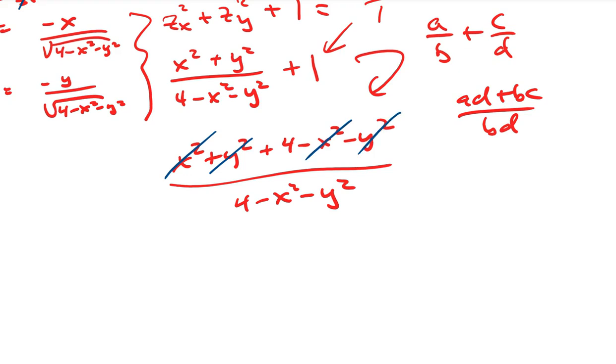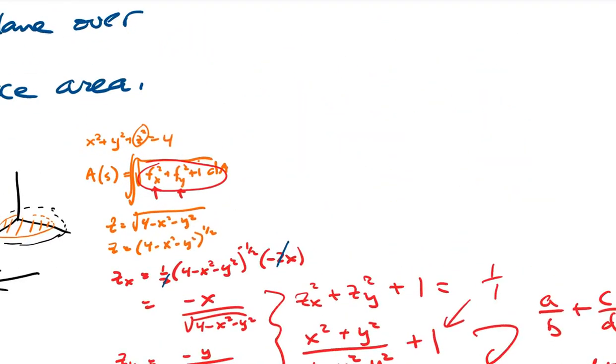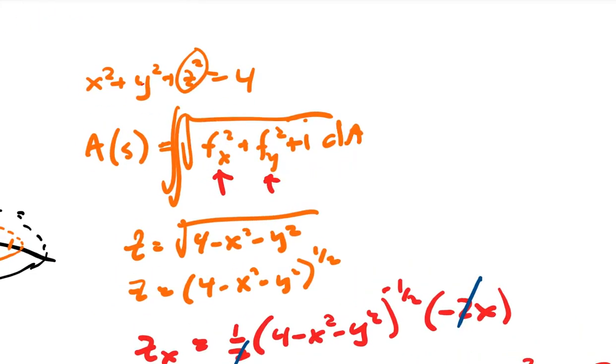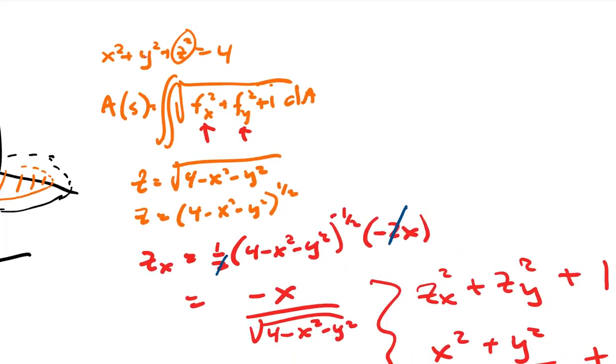And so all of that just becomes 4 over 4 minus x squared minus y squared. All right. So now that is what is inside our area formula. Our area formula is this double integral there.